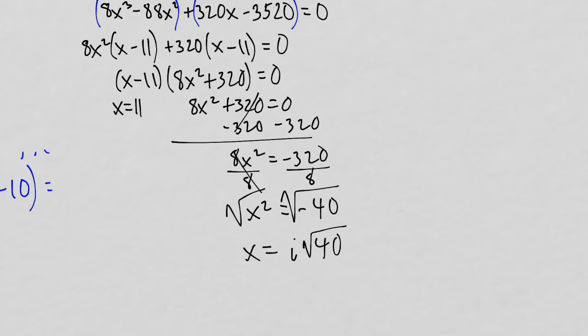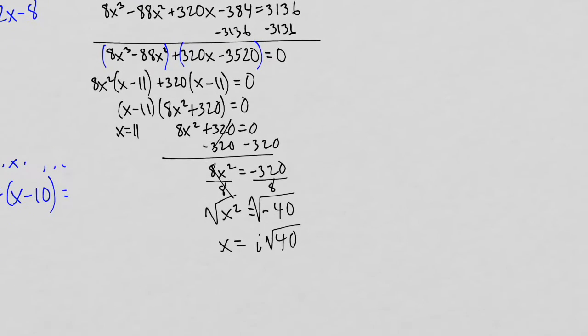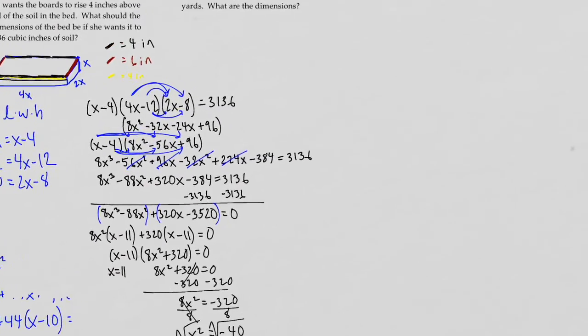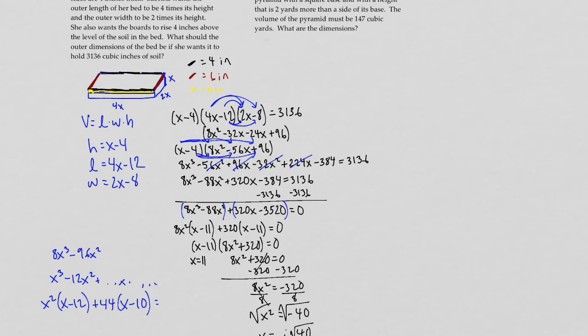I radical 40, whatever radical 40 is, you can simplify it. But it doesn't matter because we're talking about a real world problem, a real world flower bed. And this answer here would not make sense in that situation. The only one that makes sense is that one. So x is the height, right? We said that the height is x. Go back and look. We said that the height is x. So therefore, the height of the flower bed is 11.